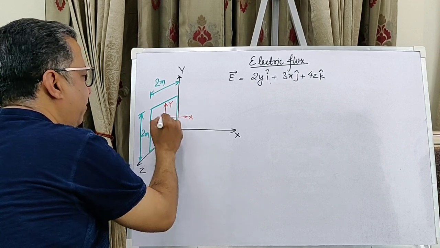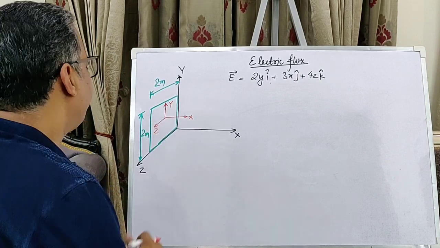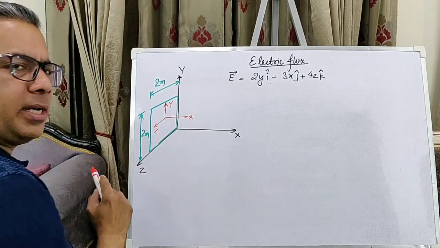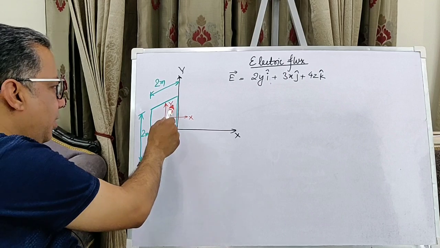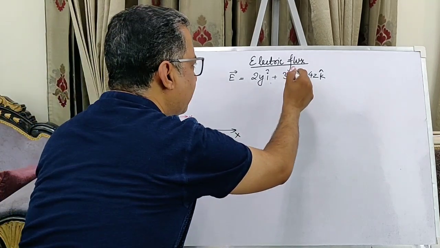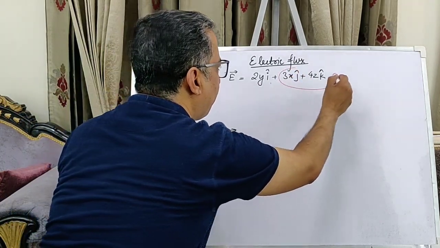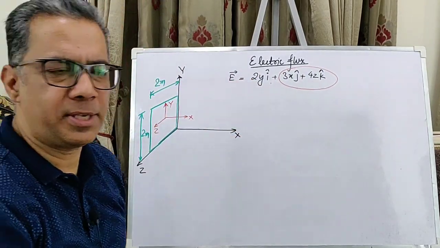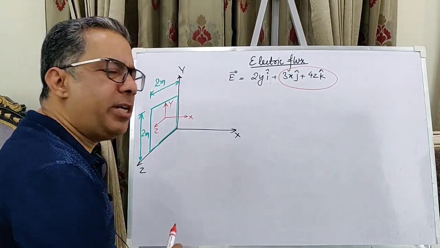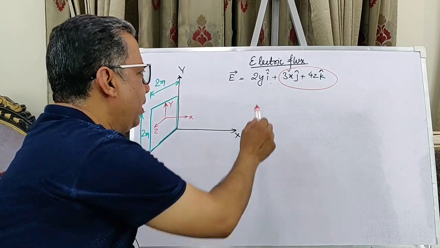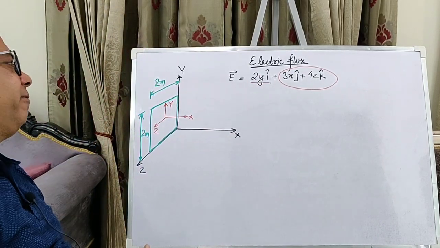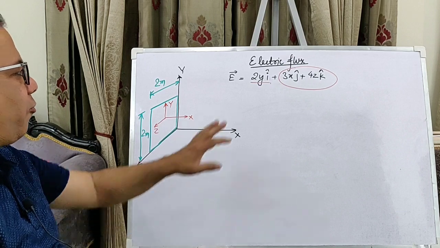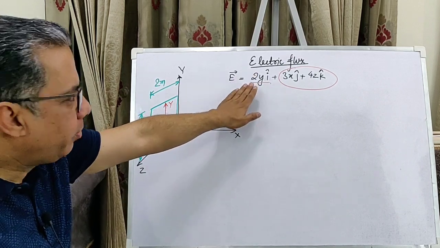The y and z components are actually tangential to the surface, so they do not produce any flux. The only component producing any flux here is the x component. So we'll be calculating the flux for the x component alone.